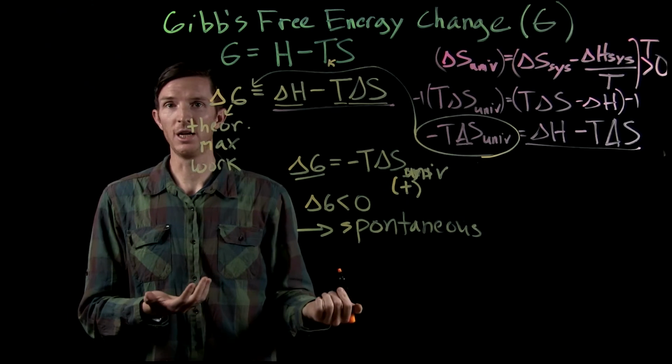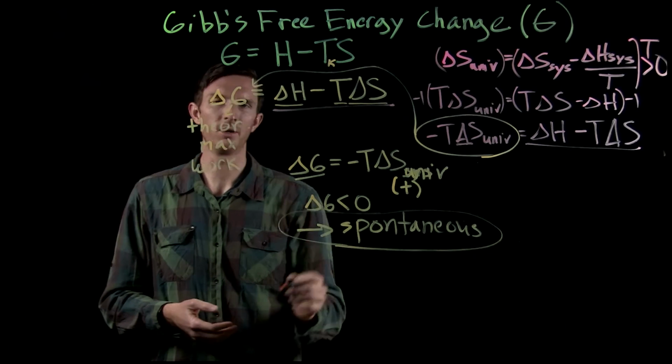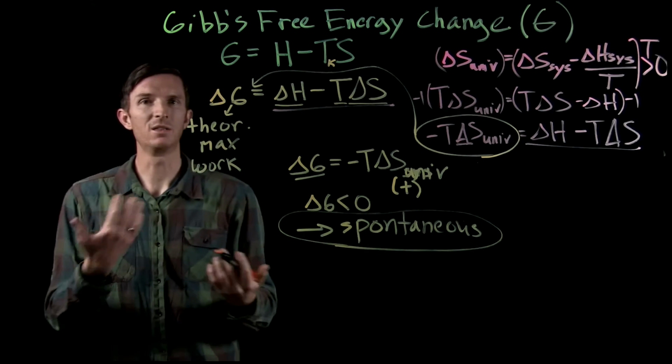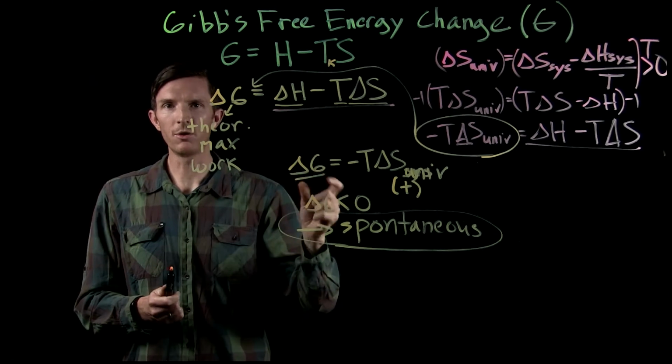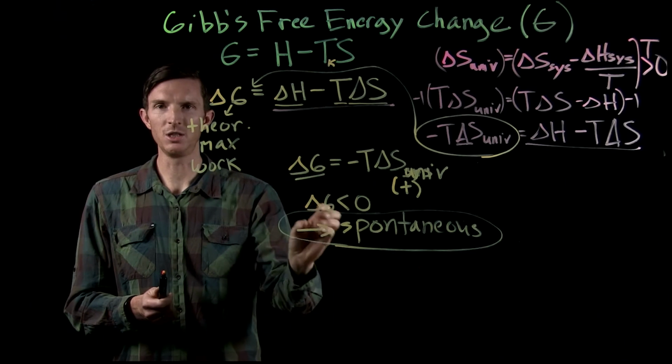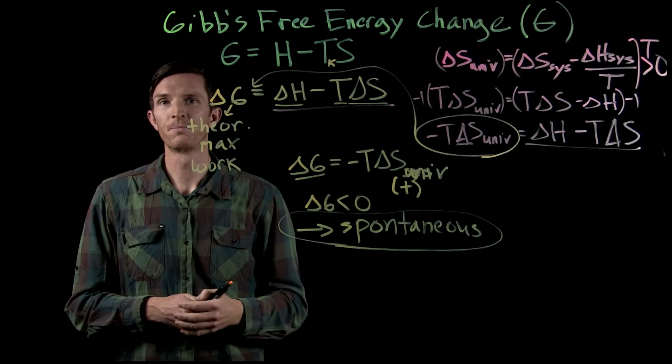If that Gibbs free energy change is negative, that tells us our overall reaction is spontaneous. If it's positive, it's non-spontaneous. Okay, so now we kind of have a golden rule, that if we get a delta G less than 0, we know it's a spontaneous process.